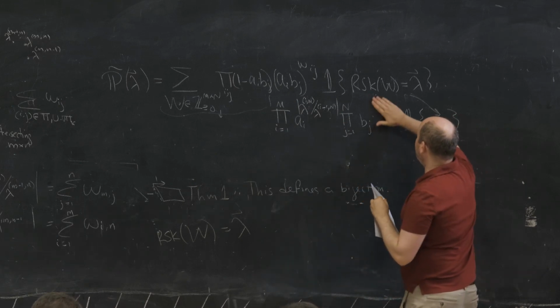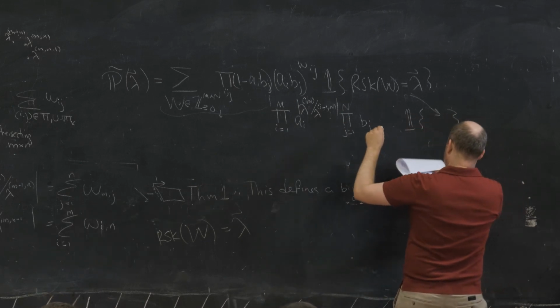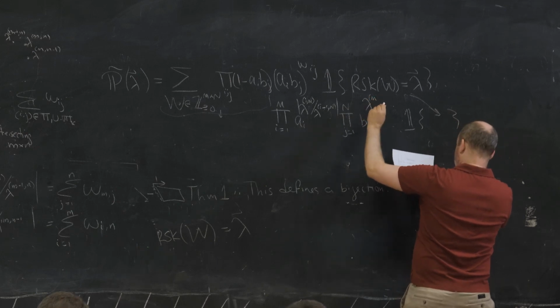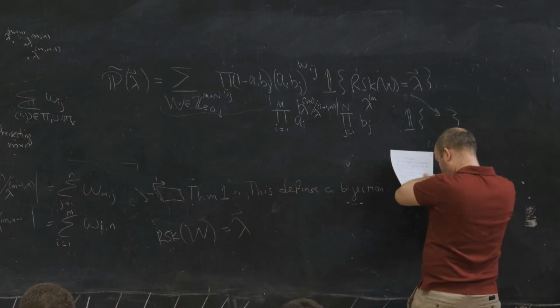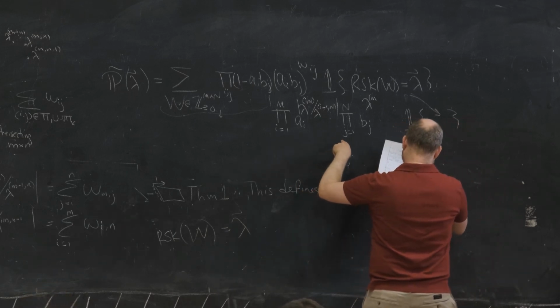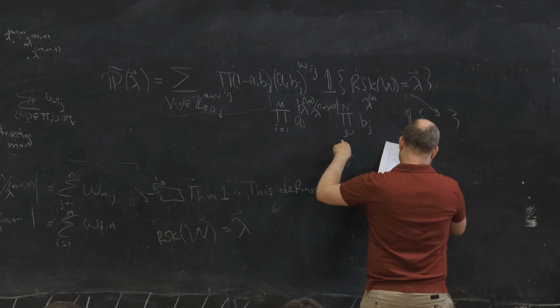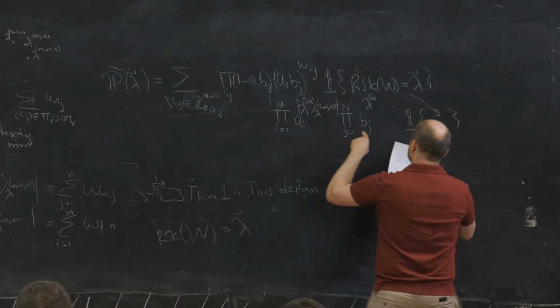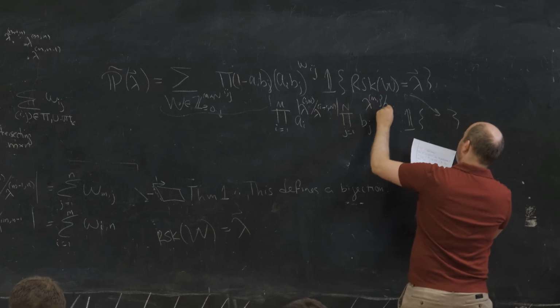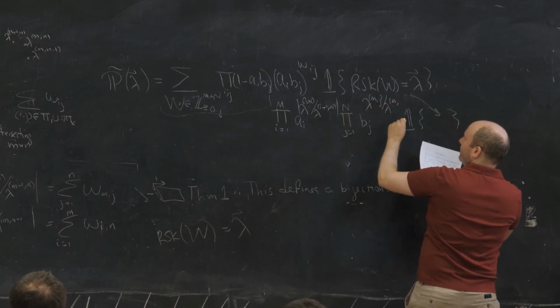And this one I rewrite in terms of the thing where I change now lambda m_j. So this is i equals 1, this is j. Yeah, lambda m_j over lambda m_j minus 1.